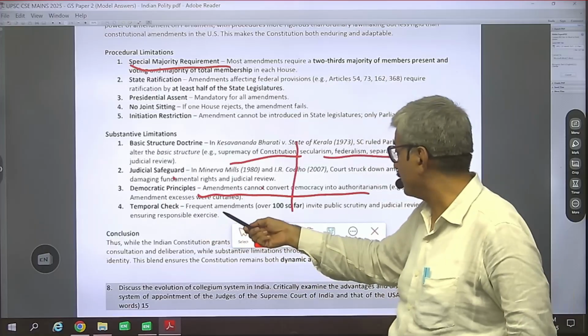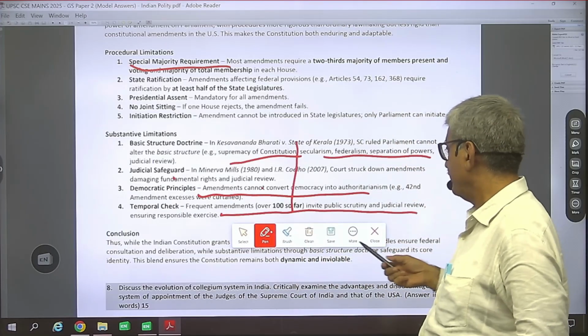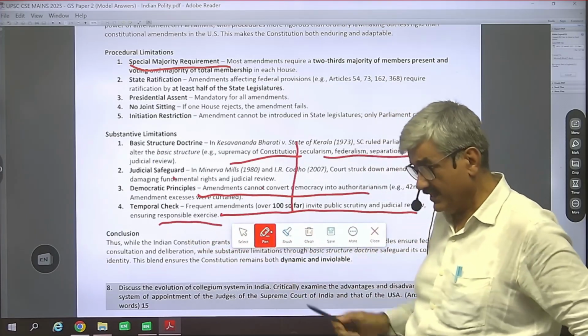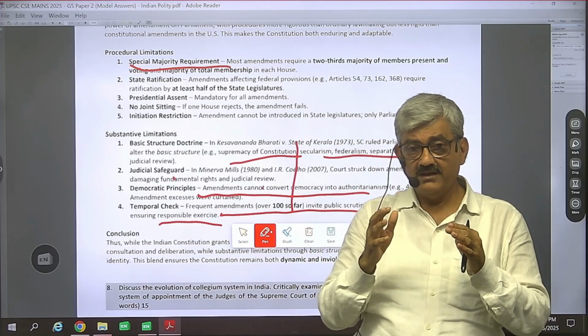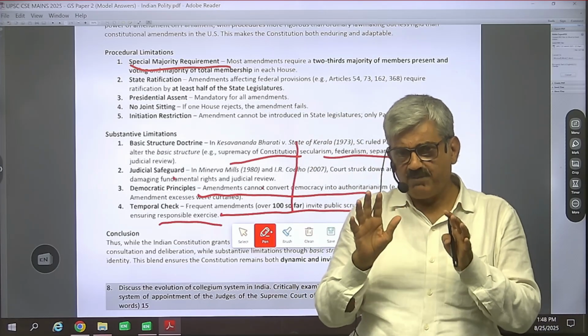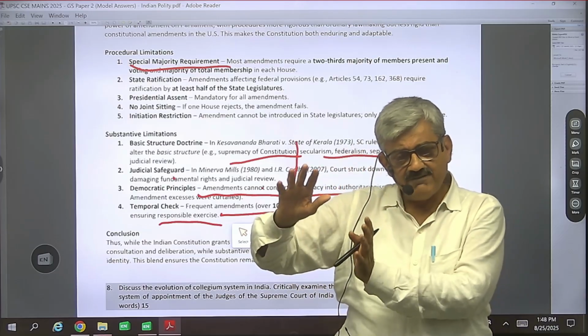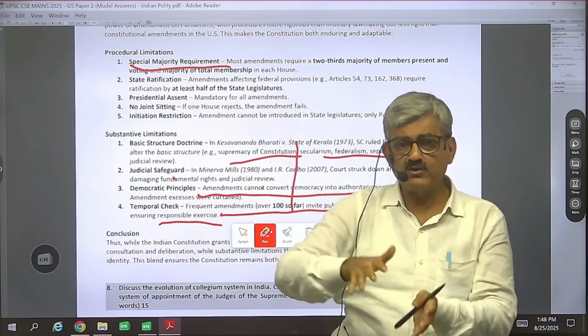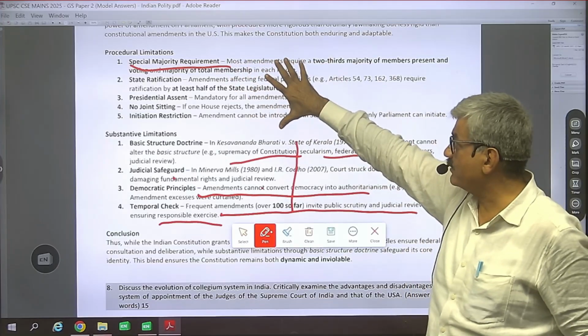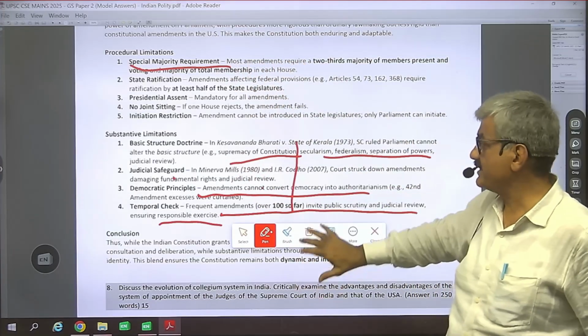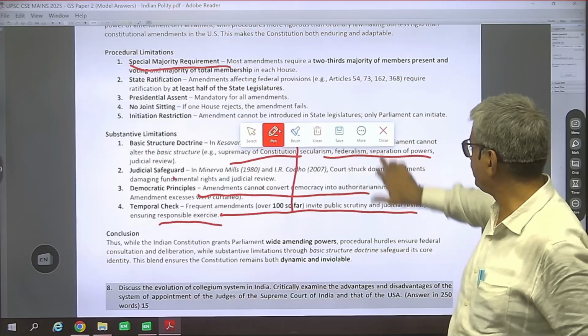There are temporal checks on frequent amendments, ensuring responsive exercise. These are the sort of restrictions on Parliament, some substantive, some procedural, and we are to discuss each in this format. Five important procedural limitations, four substantive limitations.